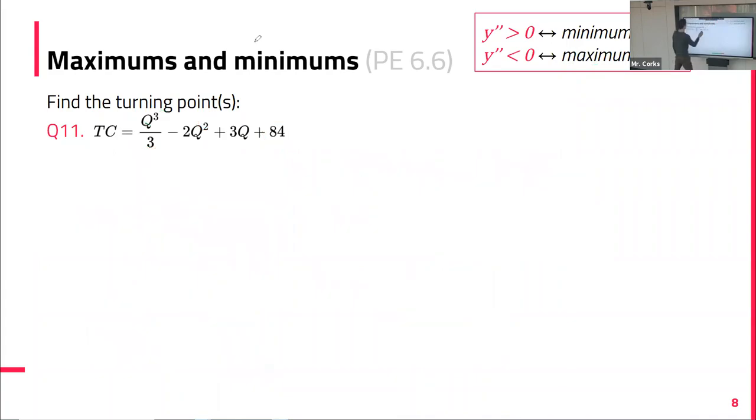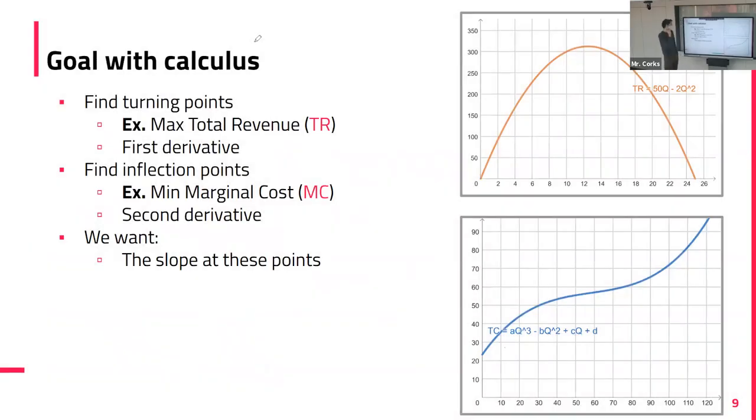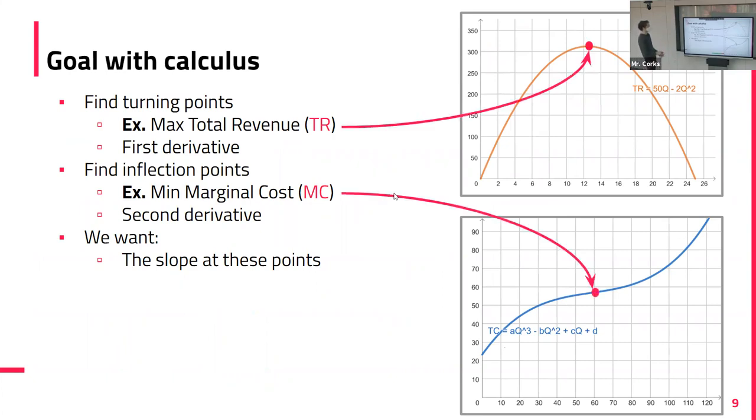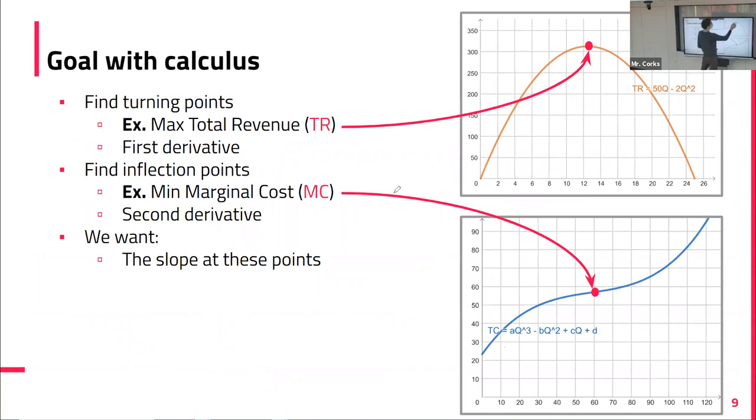So, all right, some review stuff, and then we'll get on with some more examples. So to remind you, this is the whole reason that, at least for now, we're talking about calculus. A maximum of a total revenue curve like that, or the most efficient minimum possible slope of a total cost curve like that.